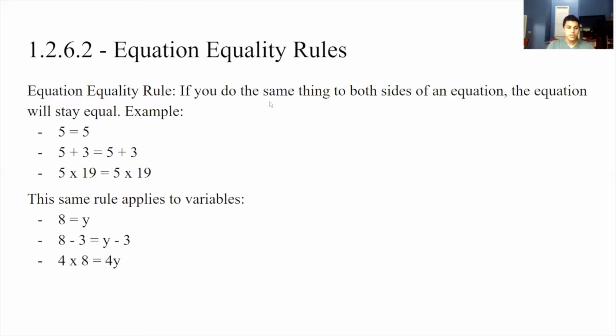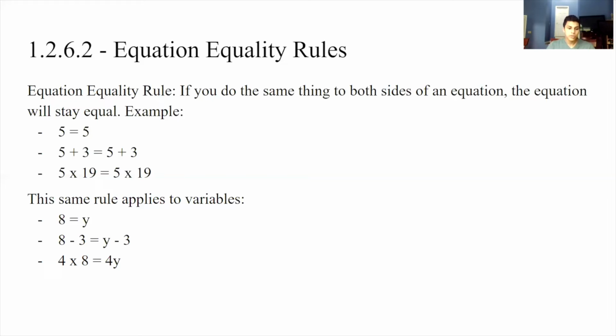So for example, if I had the equation 8 equals y, and I subtracted 3 from both sides of the equation, then on the left-hand side, I get 5, and on the right-hand side, I would get y minus 3. So my equation would simplify from 8 equals y to 5 equals y minus 3, but the equation would still be equal, because applying the rule from above, if we subtract the same thing from both sides, which in this case is subtracting 3, then the equation will stay equal.